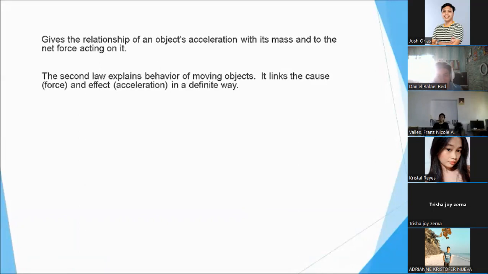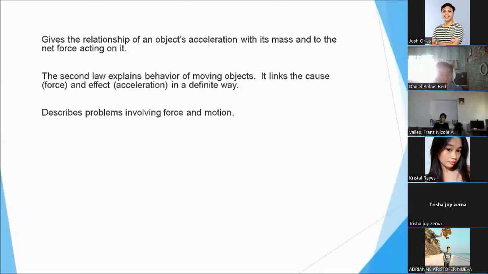The cause is the force, and the effect, of course, is the acceleration. In a definite way means we can actually measure and quantify it. That is why Newton's second law of motion also describes problems involving force and motion.